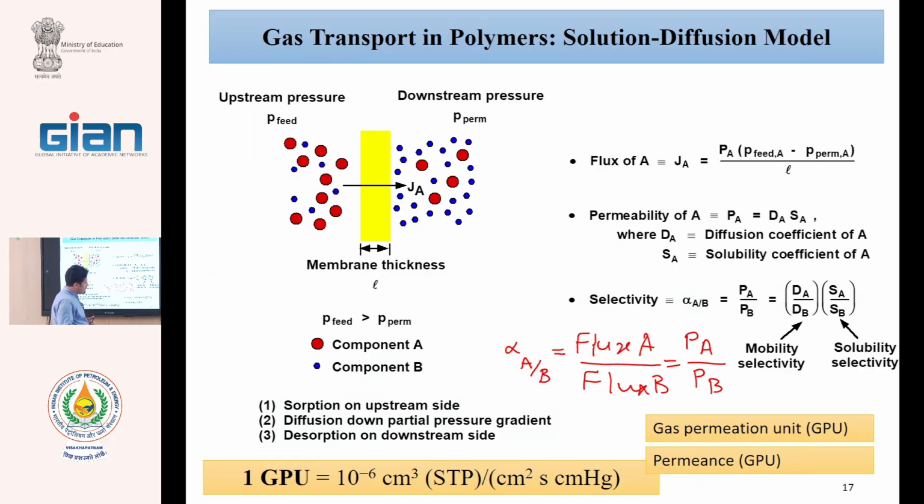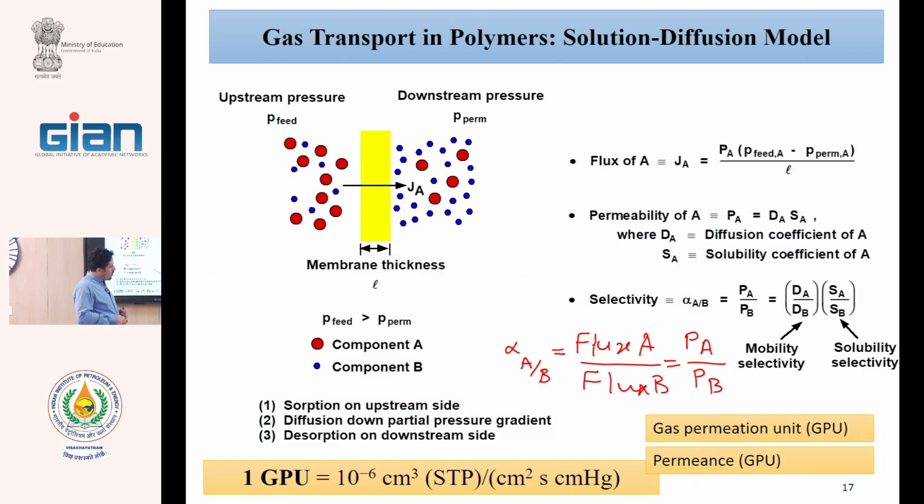In gas separation papers, most students are confused about the use of permeance and permeability. Permeance is the flux of the gases through the membrane, and its unit is GPU, gas permeation unit.